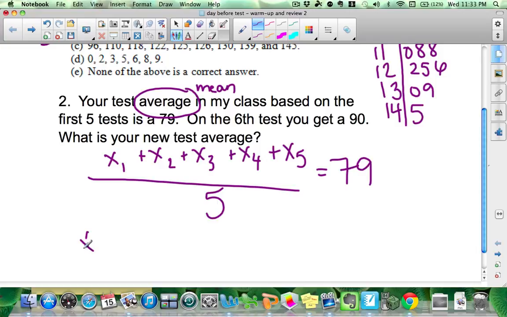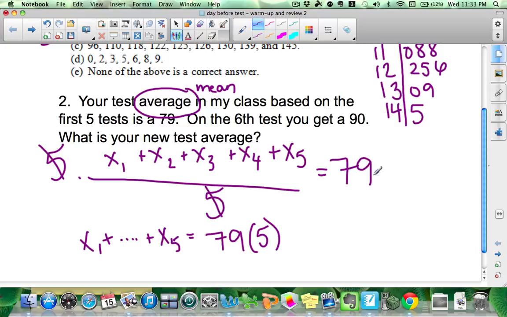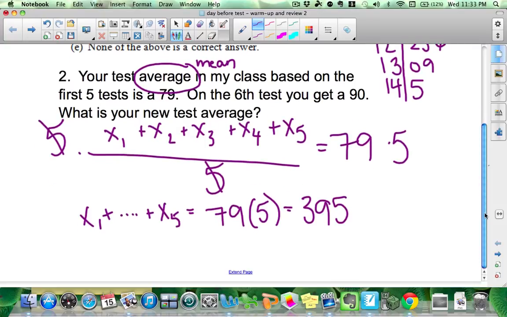And what that tells me is that my first plus my second plus my third plus my fourth plus my fifth is equal to 79 times 5. I'm just multiplying both sides by 5, okay? And that's equal to 395. So I don't know my first 5 test scores, but I know that they sum to 395.